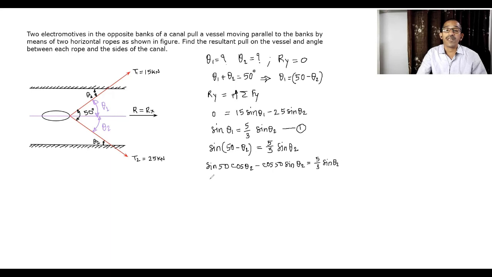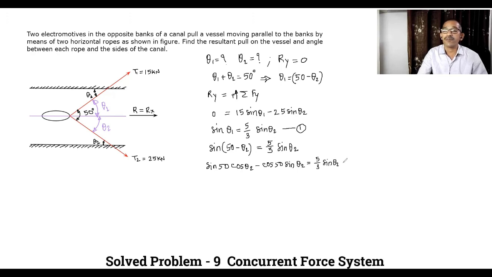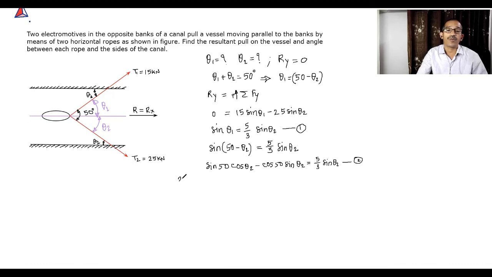Now the values of sine 50 and cos 50 we can find using a calculator. Let me call this equation number 2, and divide it by sine of theta 2.